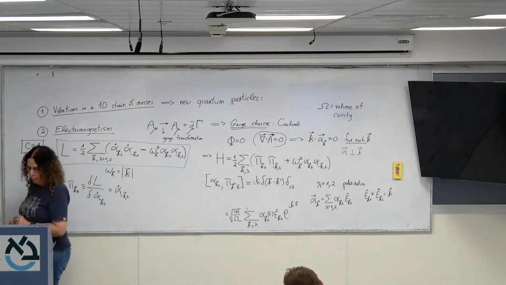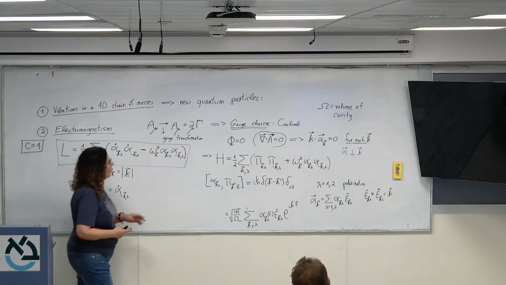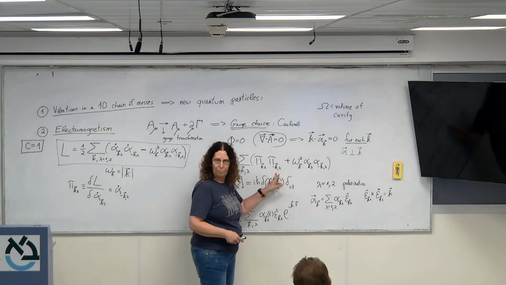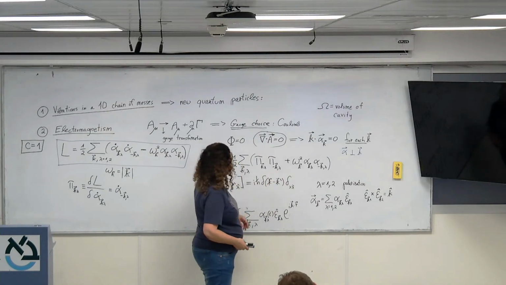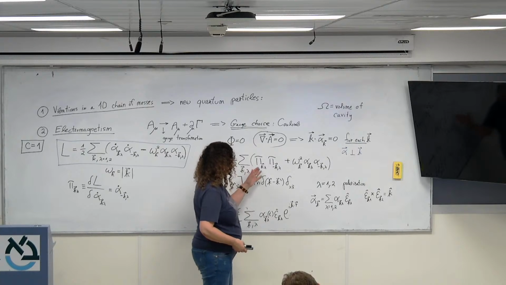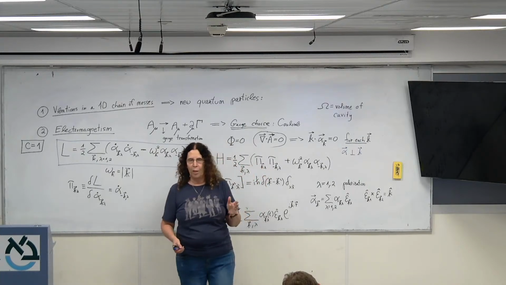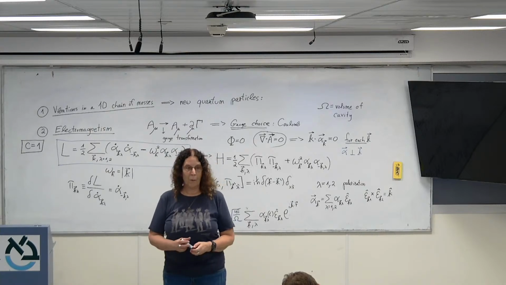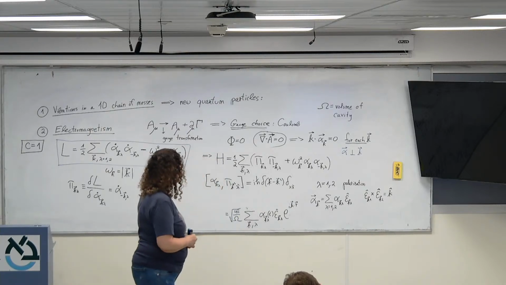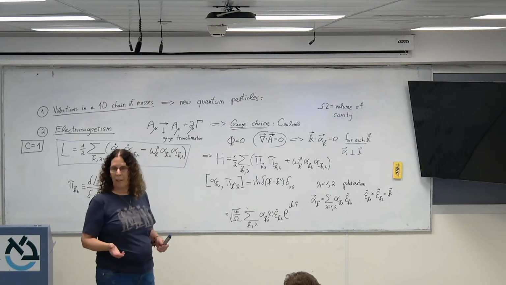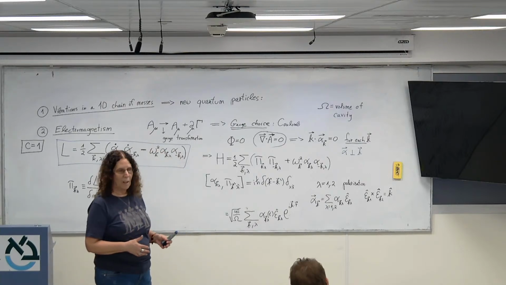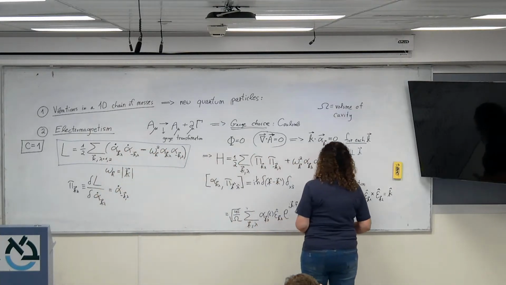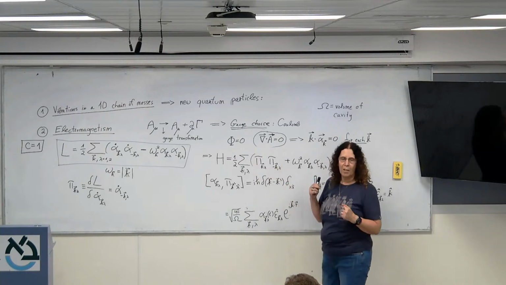But this form is not convenient because it couples k to minus k. So we do exactly the same thing that we did for the phonons in the mechanics problem. We define new operators, A and A dagger, that are linear combinations of alpha of k and pi of minus k.